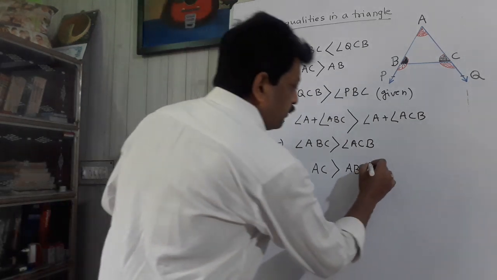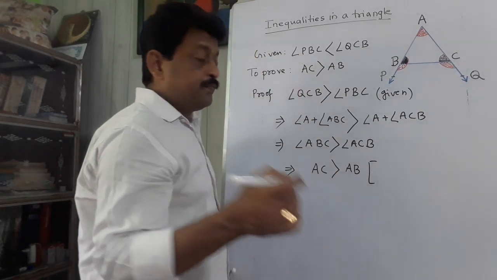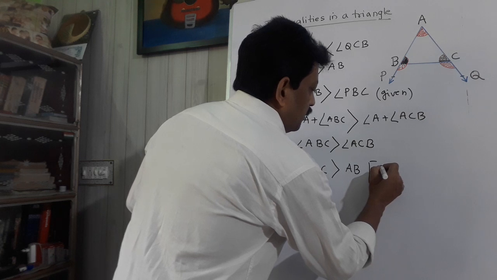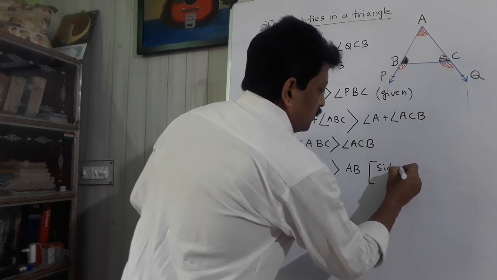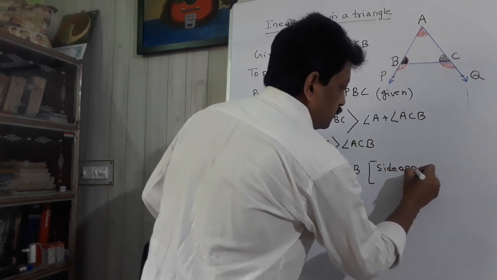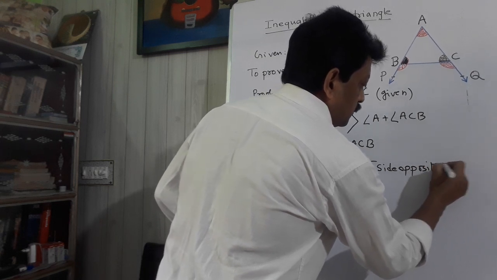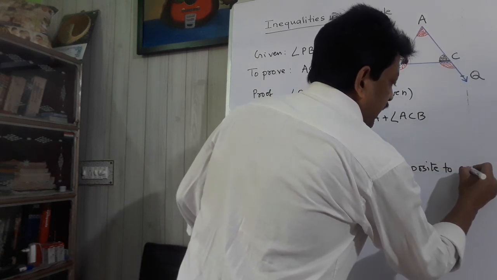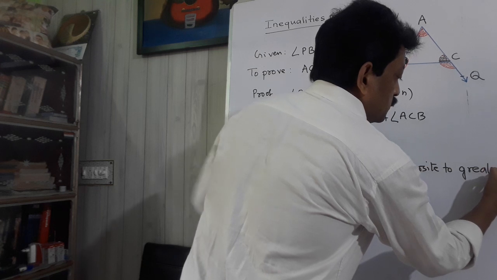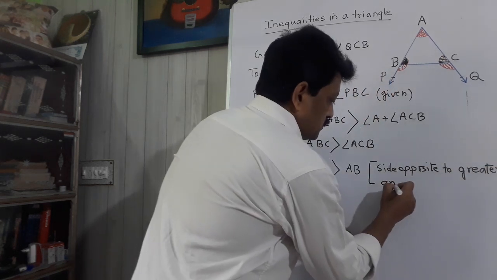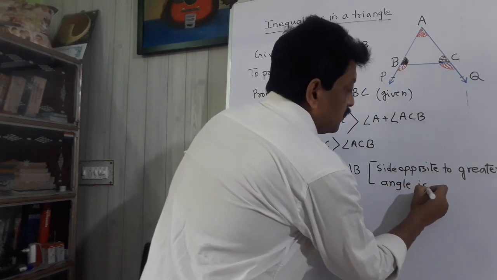So this one is proved, but here you must write down the reason that side opposite to greater angle is longer.